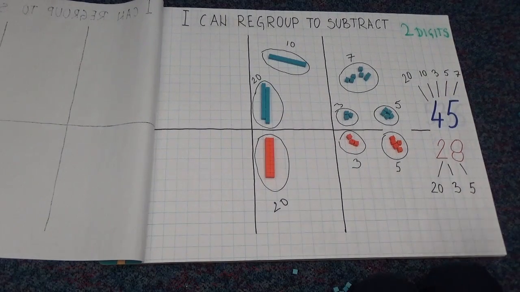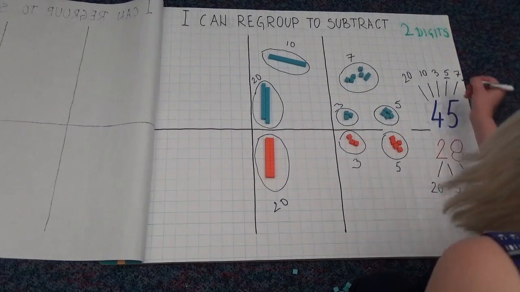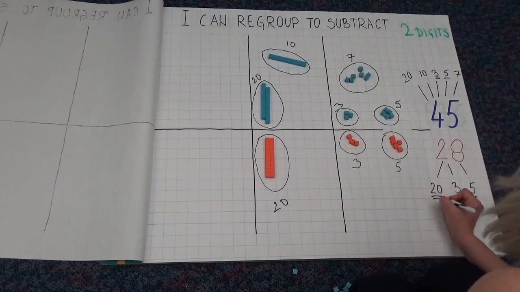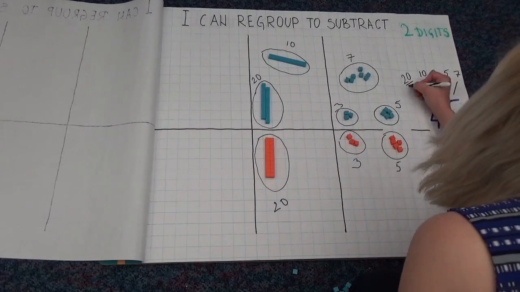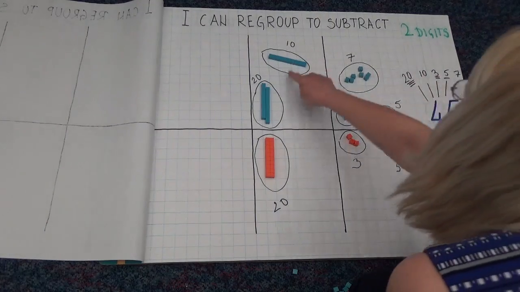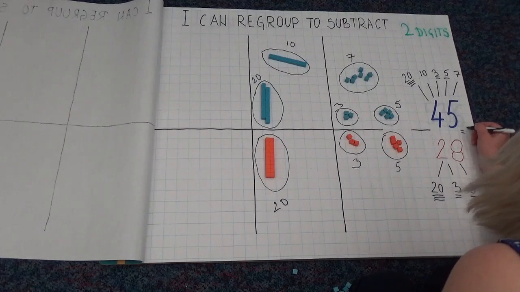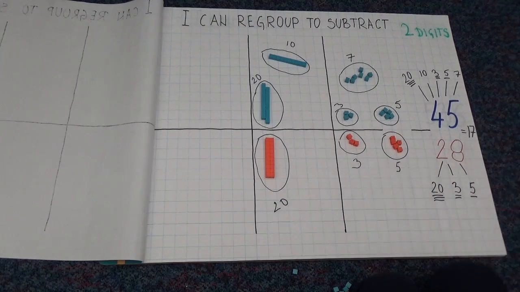I'm still good. But I can now cancel 5 and 5, 3 and 3, 20 and 20. And what I have left is 10 and 7, 17. So 45 minus 28 is 17.